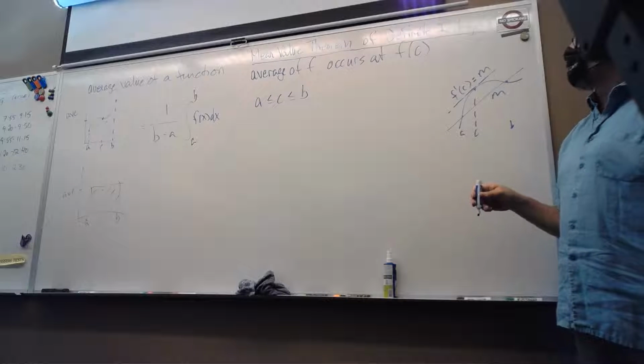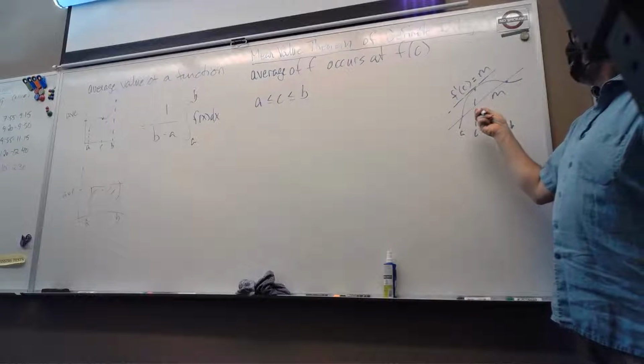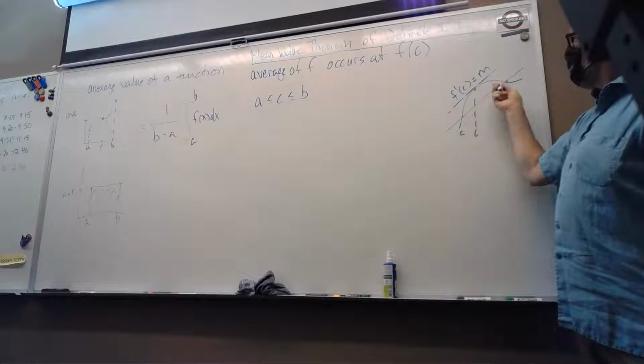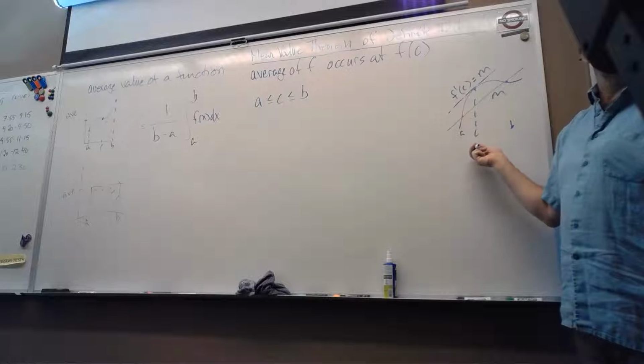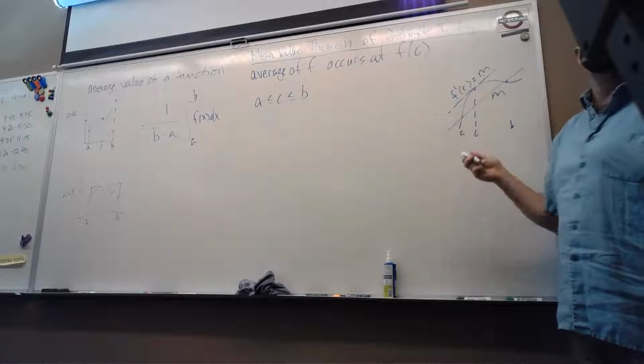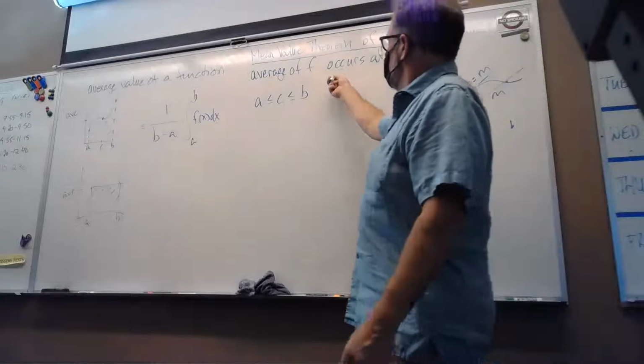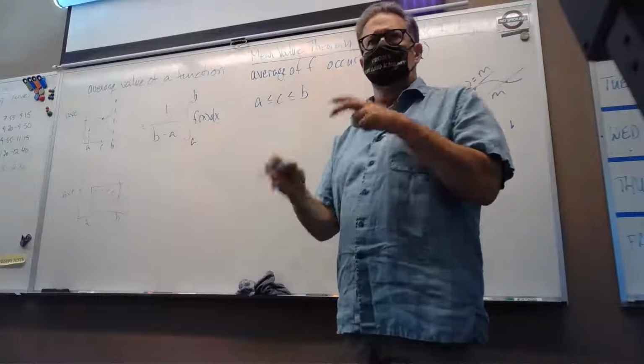The mean value theorem says that if you're going between some interval and you've got this thing happening in between, it must happen in between. Average must occur in the interval.